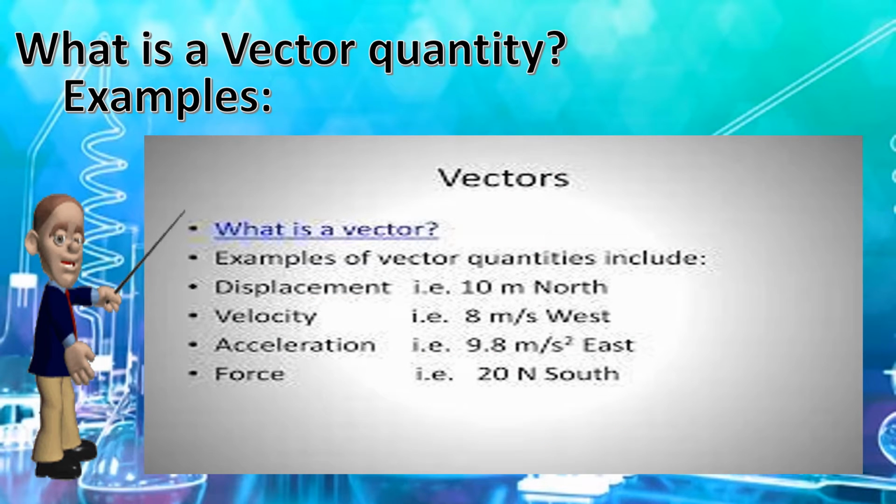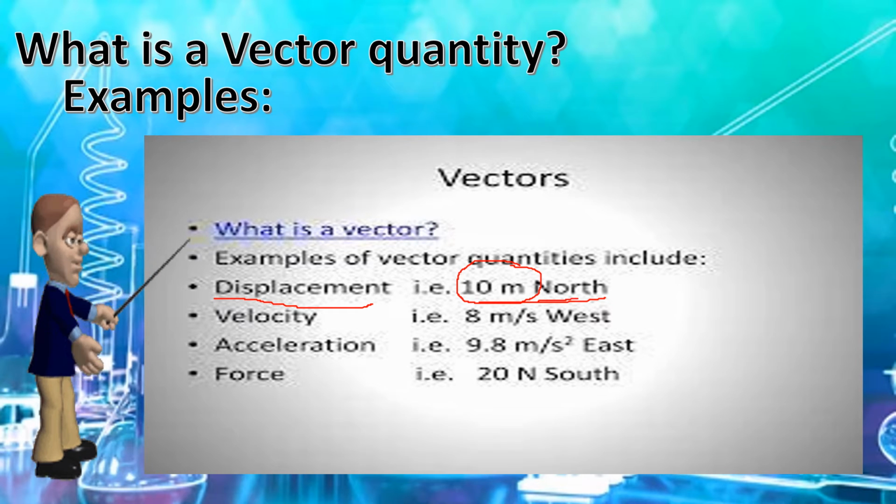What are some examples of a vector quantity? Some examples of vector quantities are displacement. For example, 10 meters north. 10 meters here is the size or what you call the magnitude, and north here is what you call the direction.